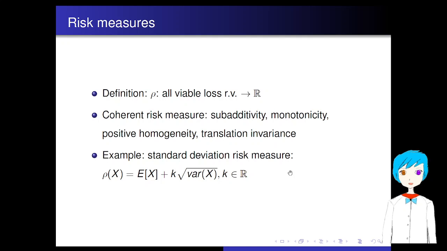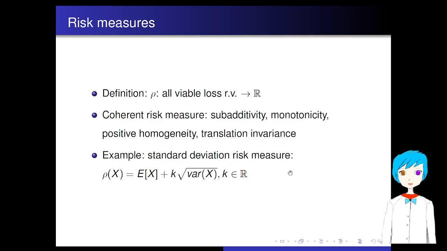Translation invariance is that for a random variable x and a constant c, rho of x plus c is c plus rho of x. So it is important in actuarial calculations to use a coherent risk measure.